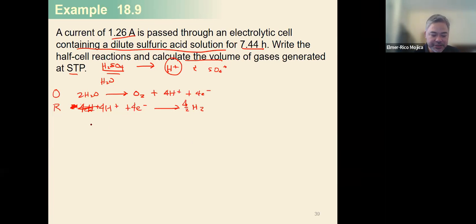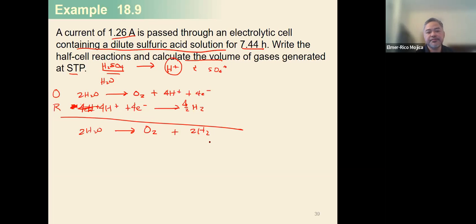So you end up with 2H2O producing oxygen and 2H2O, 2H2. So if you look at this, the water is canceled, and you end up with that one.